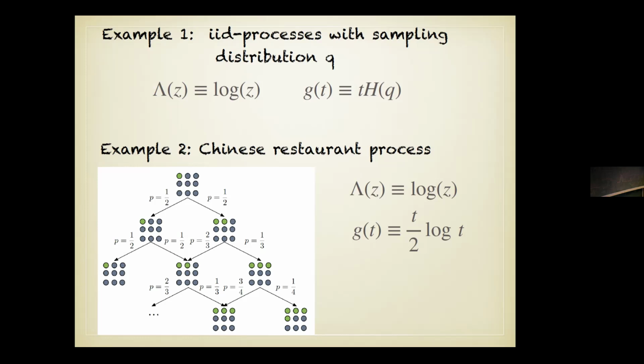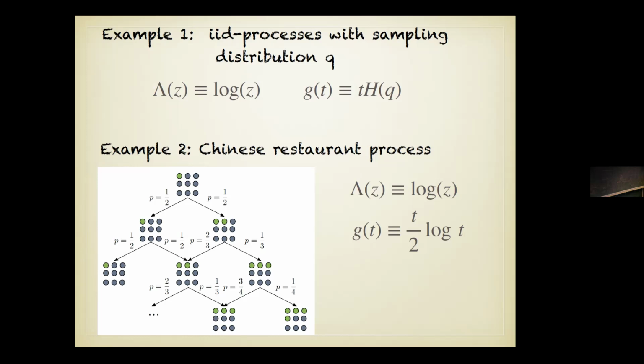So g of t is a linearly growing function in that case, which basically tells us that all these IID systems are extensive, in the sense that the entropy simply grows with time. You have constant entropy production.